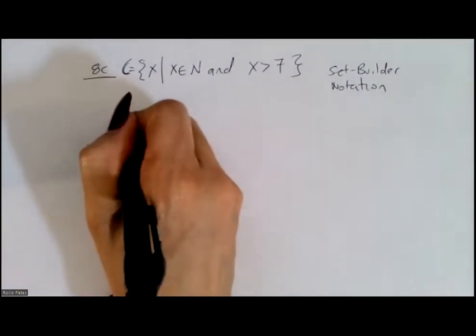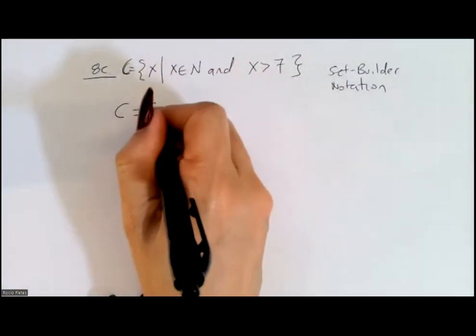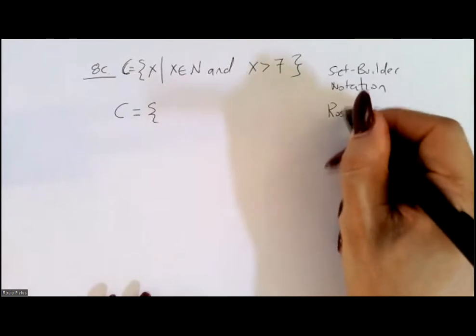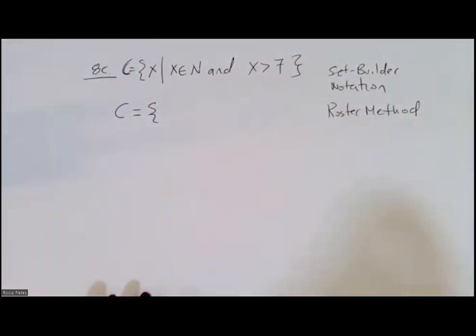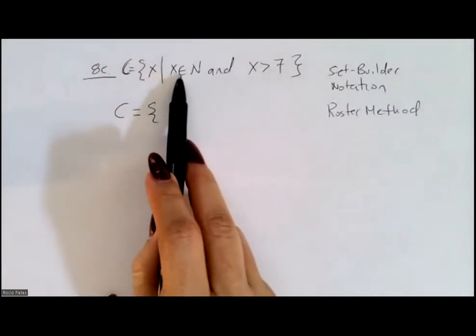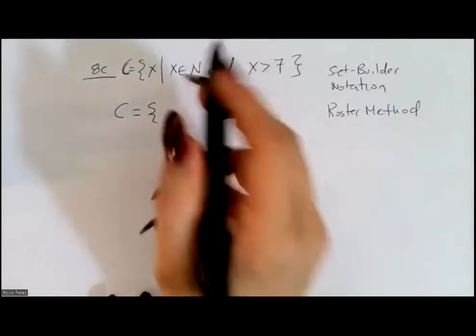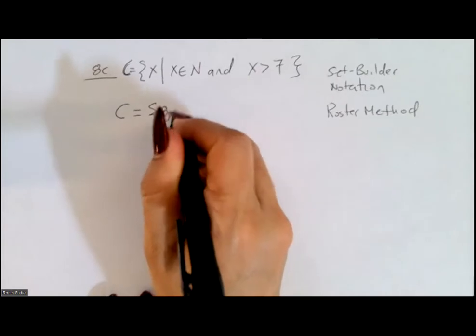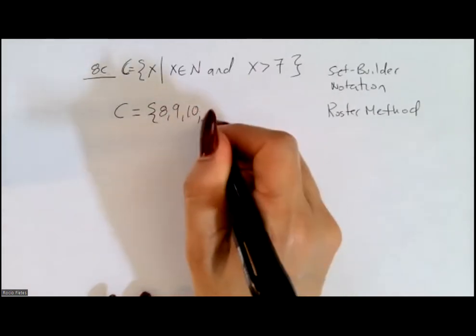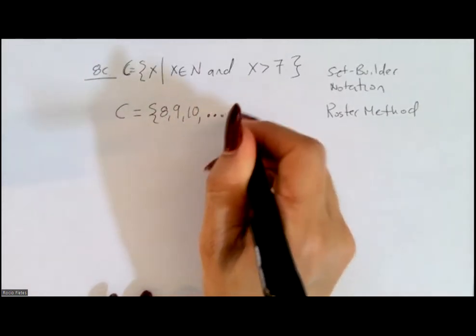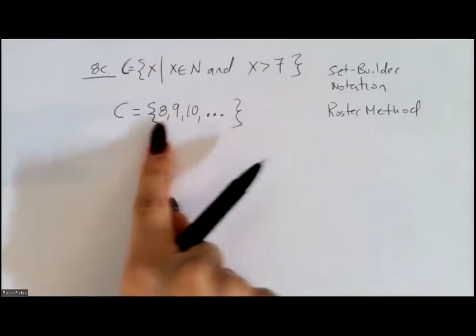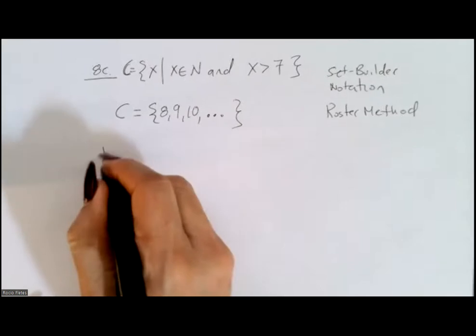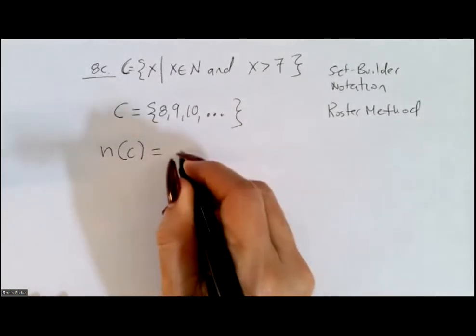Okay, so if you write C using the roster method, it has to be a natural number and greater than 7. So we start at 8, 9, 10, and then remember we can do it like this because we can never reach the end, right? This keeps going forever. So the cardinality of C is infinity, right?